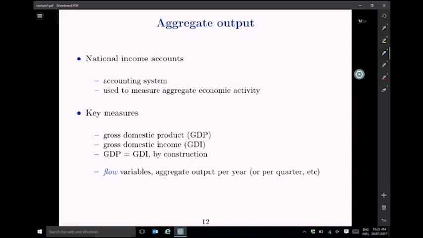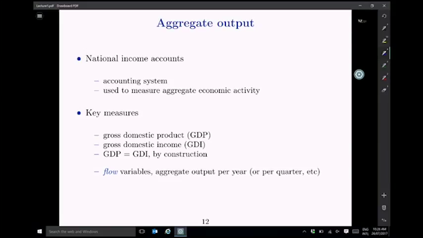Just to let you know, the United States started using these national income accounts to record production and income after the Second World War, whereas Australia started doing this from the 1960s. Nowadays, it's quite common for countries to use national income accounts to record production and income.